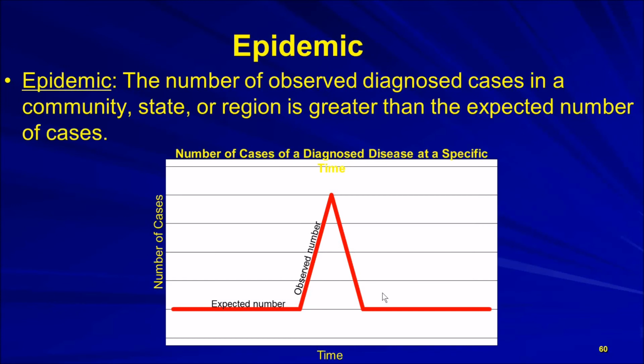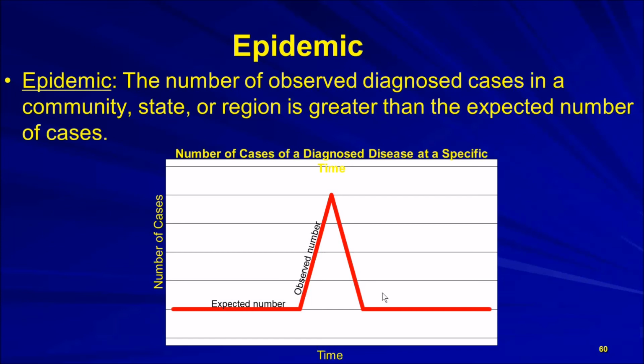An epidemic, now this is really important to note because now we're dealing with geographic area. We're still under the word distribution, and it has to do with the observed number of disease cases being higher than the expected number.